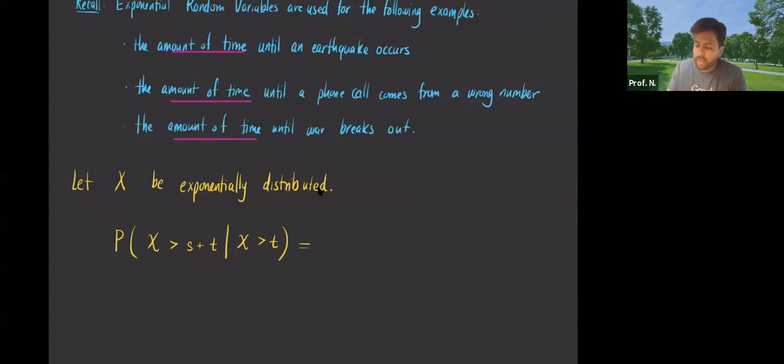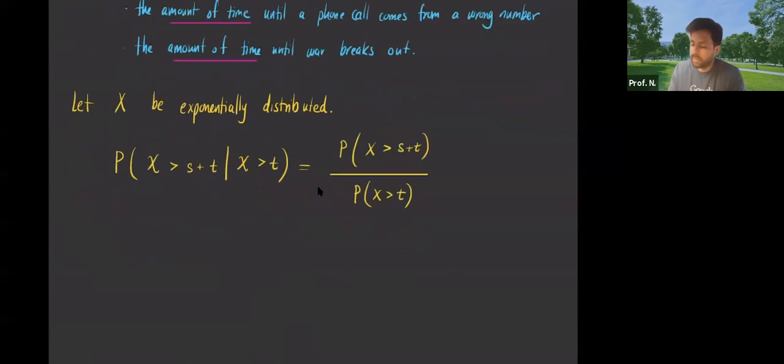How do we do conditional probability? How is it defined? It's defined as the probability that x is bigger than s plus t, divided by the probability that x is bigger than t. Now, what is the probability that x is bigger than t?